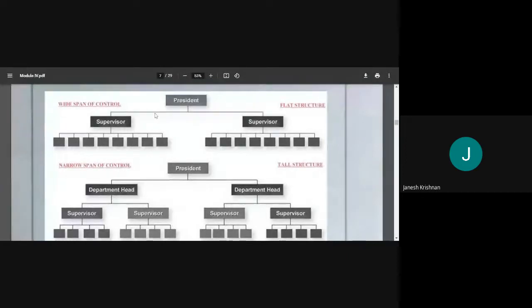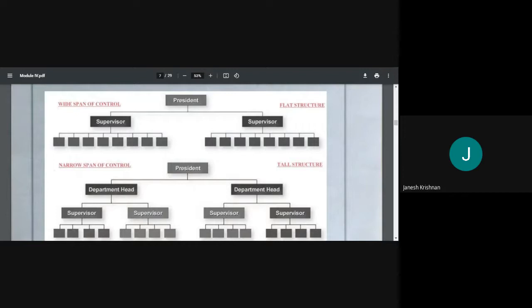So in wide span of control, one person, the supervisor, is managing many. In this case, one supervisor is managing 8. It is the one in which a manager can supervise and control effectively a large group of persons at one time. This is also known as operative span.